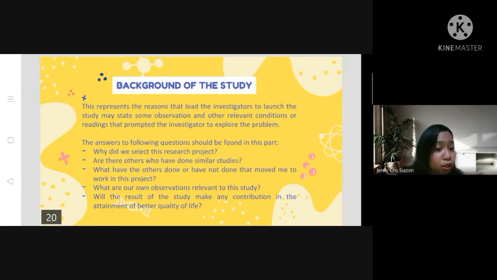And will the result of the study make any contribution in the attainment of better quality of life? Remember na ang purpose ng science and technology is to improve the quality of life of the people, 'di ba? So dapat 'yun ang maging contribution niya, 'di ba? So iisipin mo ng mabuti yung background of the study.